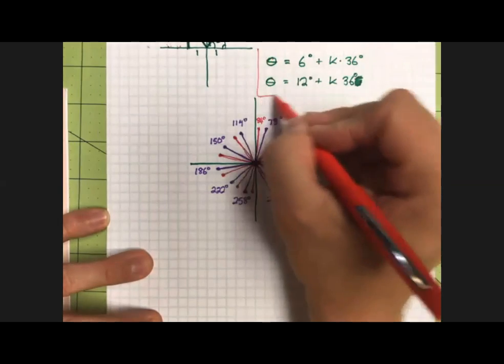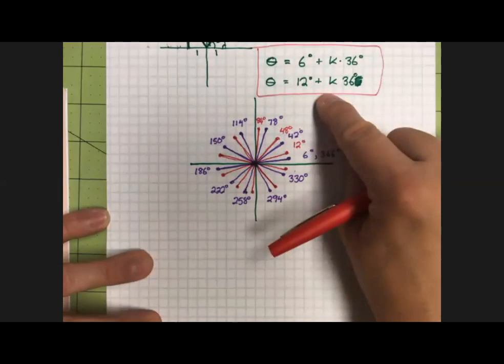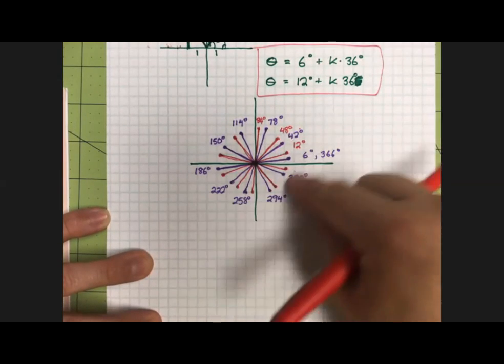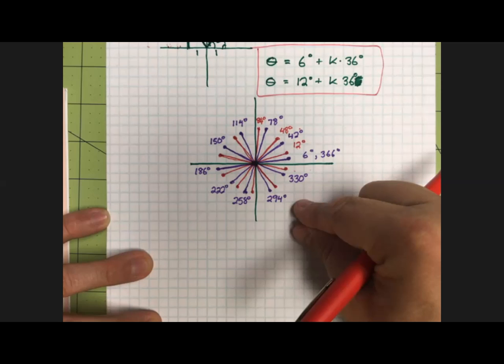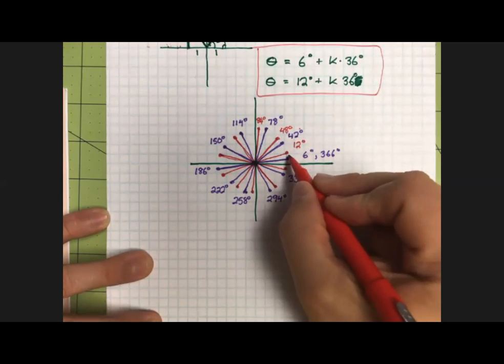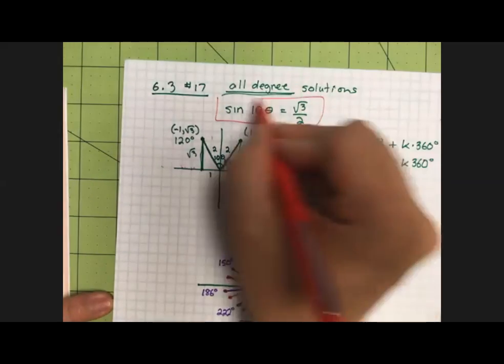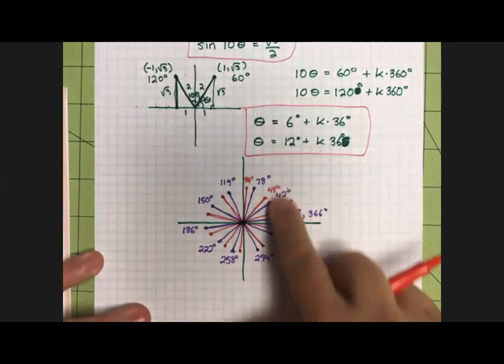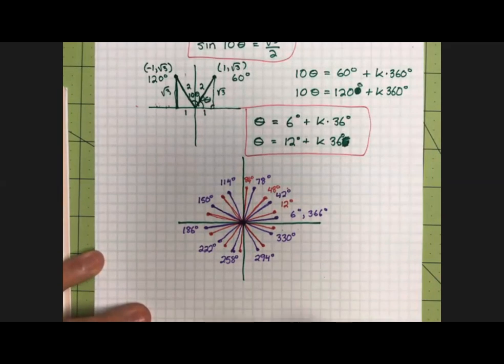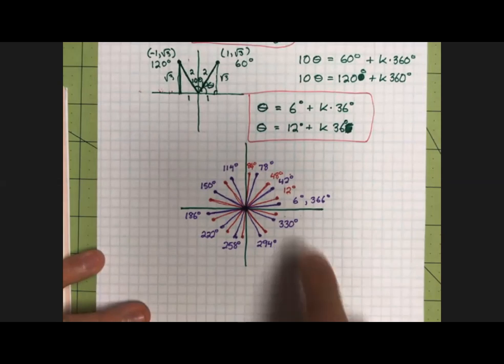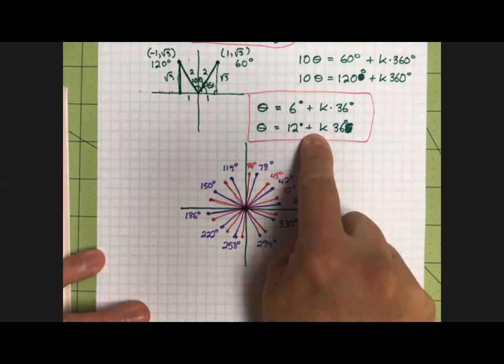Do you see that's why people invented this writing? So you don't have to write down 20 different answers. Well, let's try this out. Let's take this and graph this and see if I can have 20 different answers between 0 and 360. Now, this accounts for all the answers.